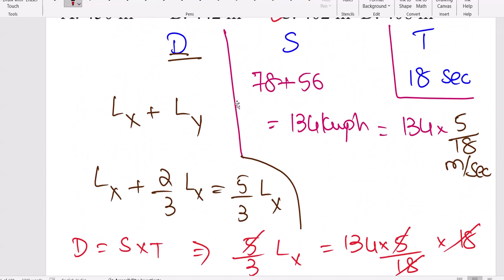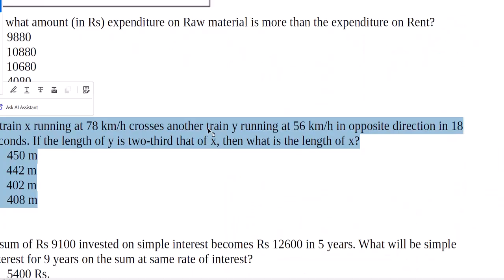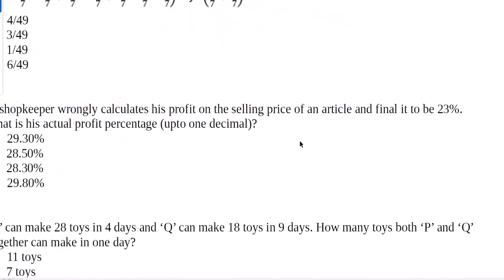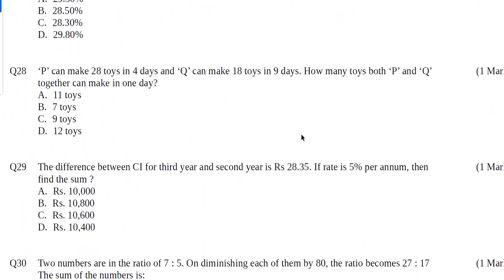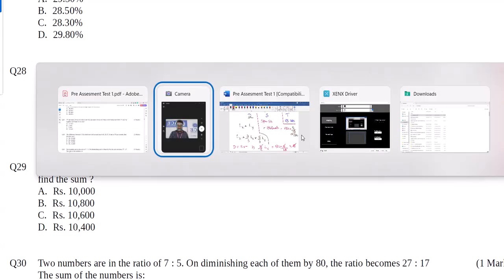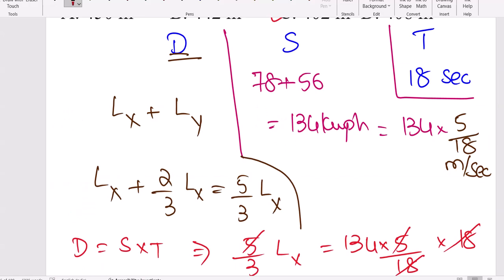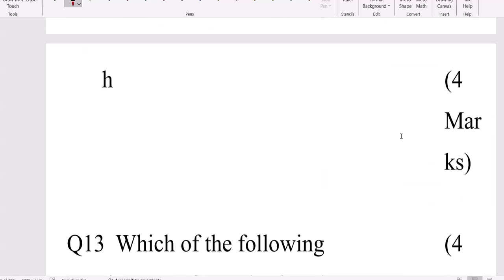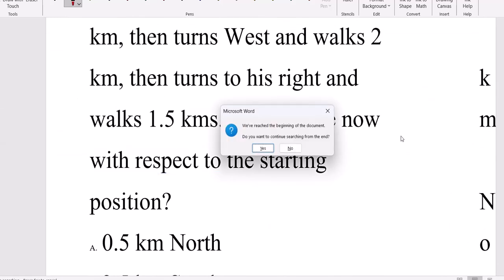Question 29. The difference between compound interest for the third year and the second year is 28.35. The rate of interest is 5%. Find the sum. Okay, simple interest and compound interest. In regular classes, we have done this topic.